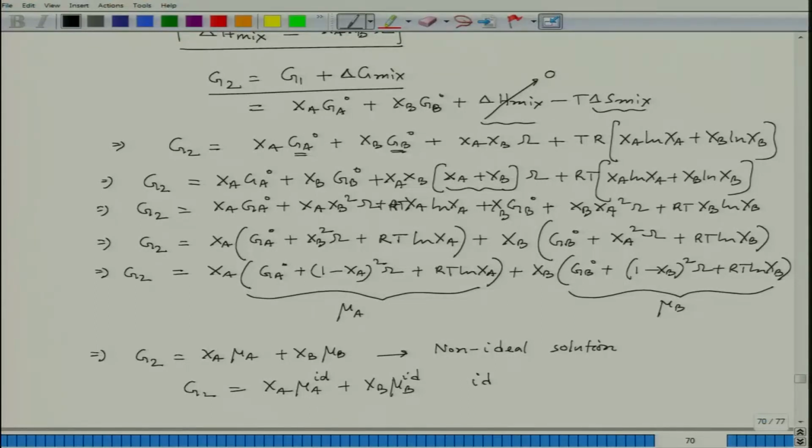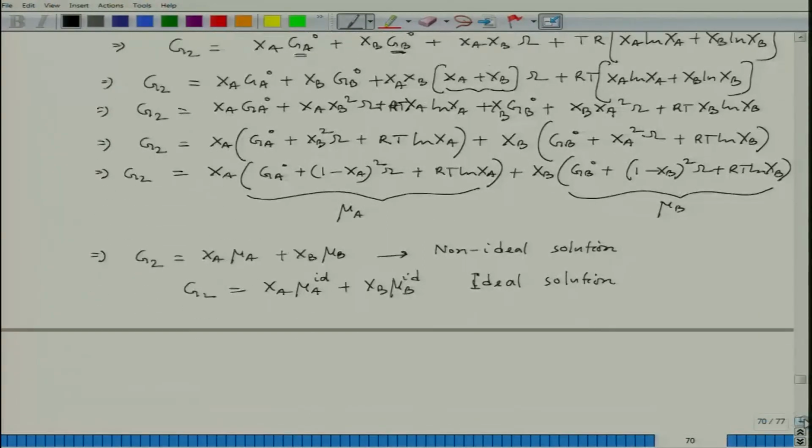In case of ideal solution, that time the only extra part is this quantity, or in this case it is this quantity.